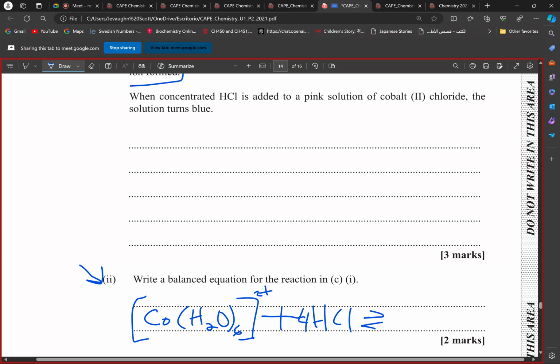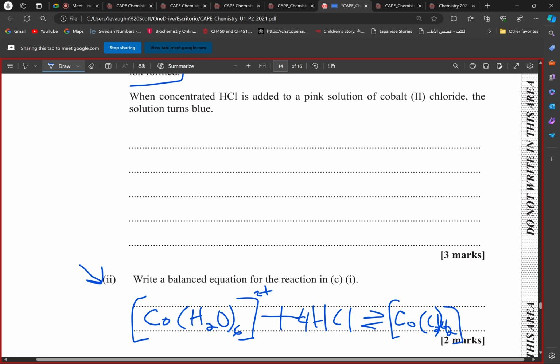All right, so we're going to end up with cobalt Cl4. So technically it would be CoCl4 with a 2 minus charge, so it won't be Cl24. Like this. Which oxidation state will it have?